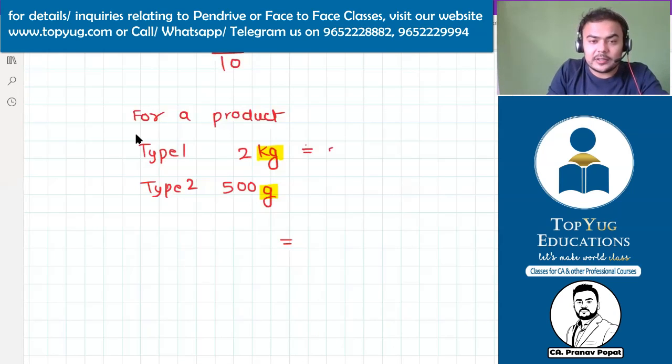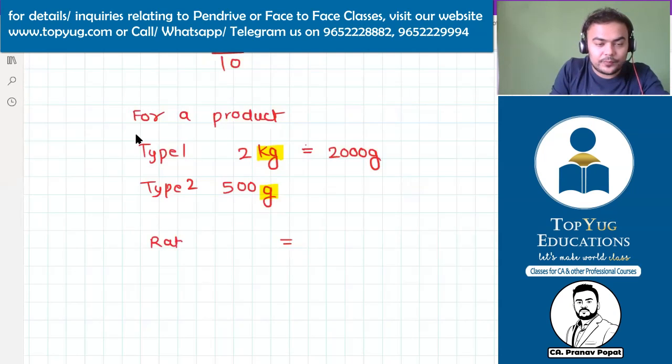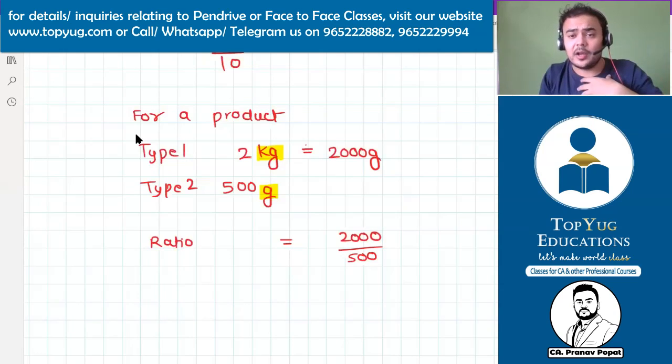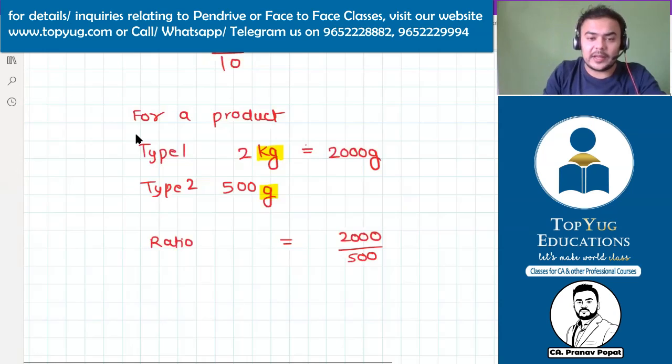So what is 2 kg? 2 kg can be converted into 2000 gram. Now if you ask the ratio of type 1 and type 2, then I will say 2000 upon 500. Okay, 2000 upon 500 is also a ratio. But what is the general trend? The general trend is to simplify it, to make it in the simplest form. Cancel the zeros, 5 fours are 20.